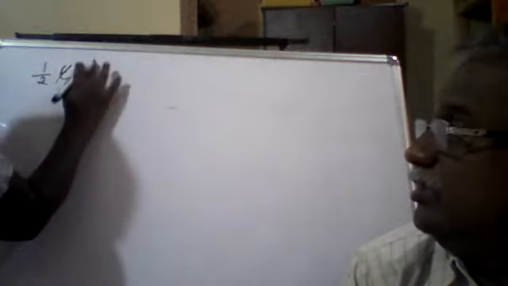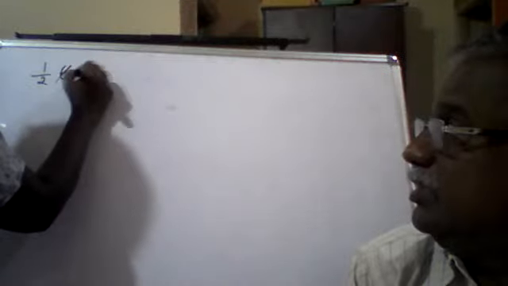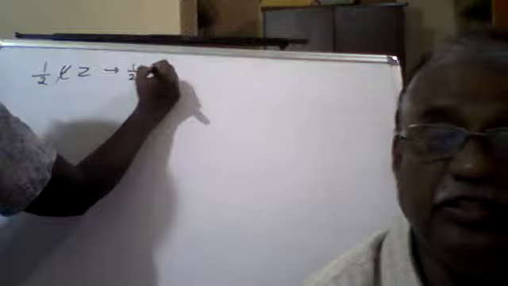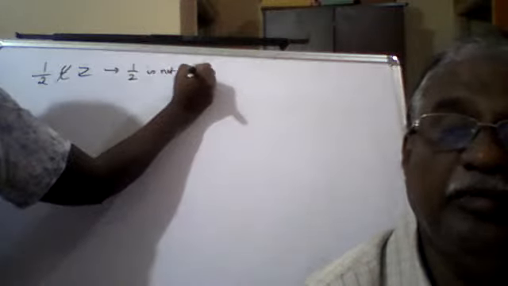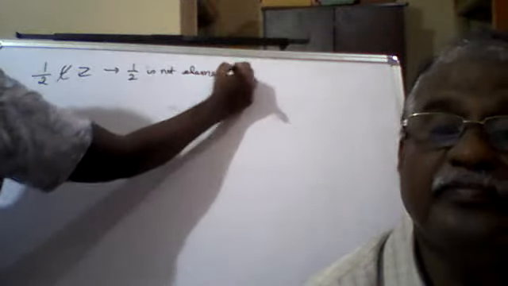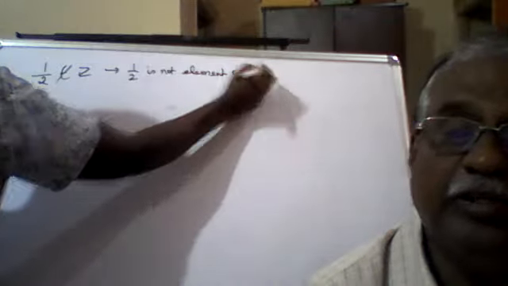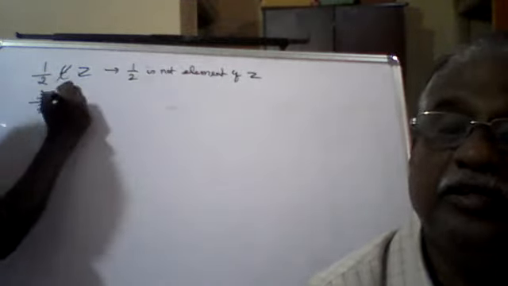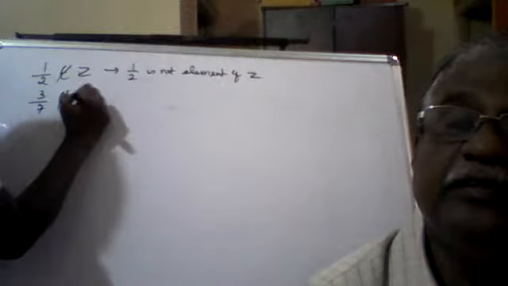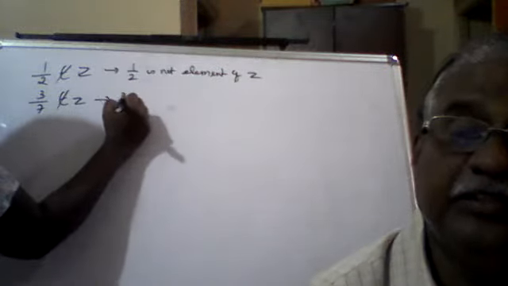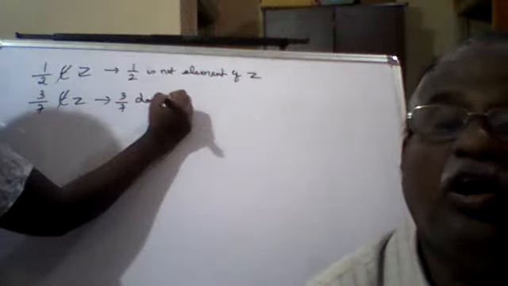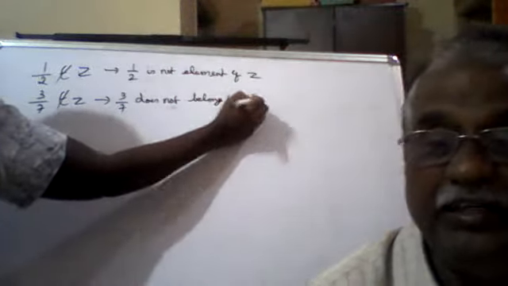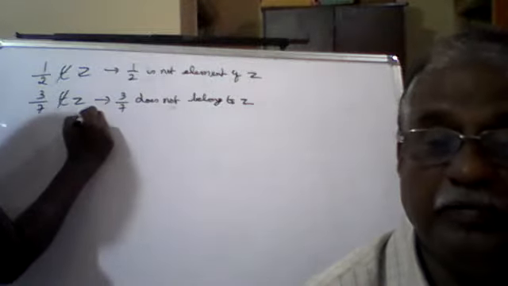Put capital Z. And write, 1 by 2 is not an element of Z. Fractions won't come in this. Write 3 by 7, put the symbol and cancel it. 3 by 7 does not belong to Z, or is not an element of Z. So the third thing is called integers, where negative and positive numbers are coming.